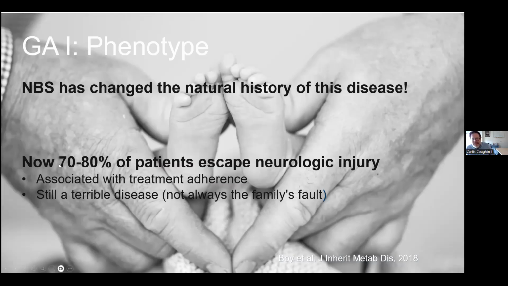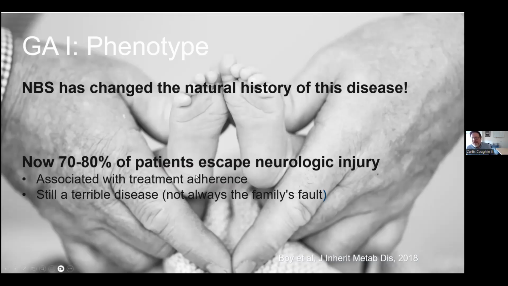I think this number is really important for us to remember, that this is still not great. There's still a lot of improvement here to make a difference in these kids' lives. 30% sounds crazy high, and there has to be something that we can do. There is some evidence that this could be associated with adherence to treatment we're about to talk about.